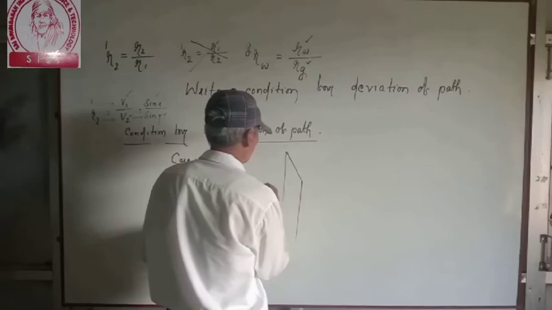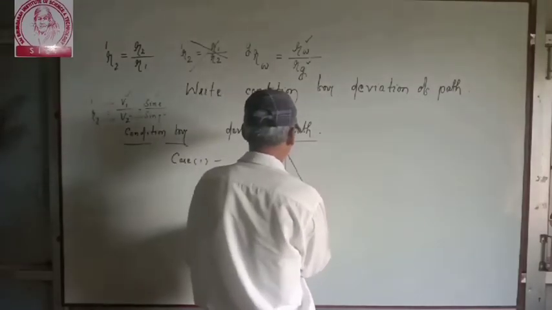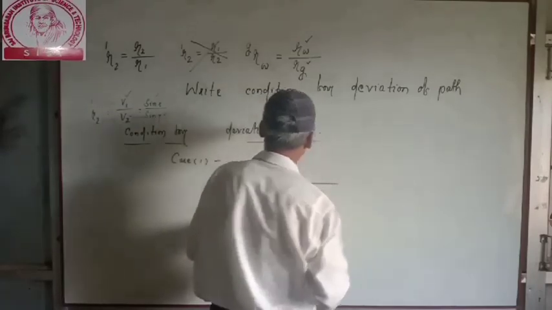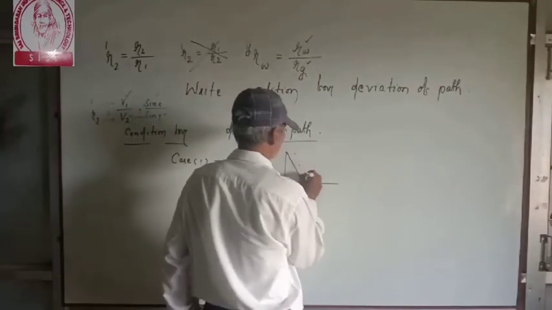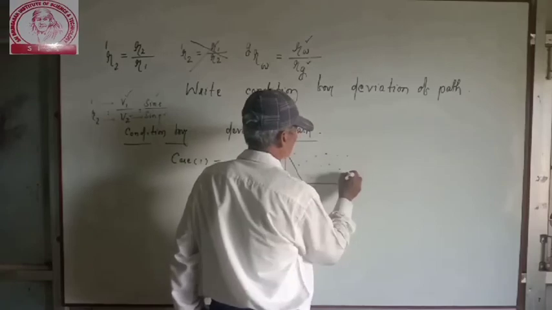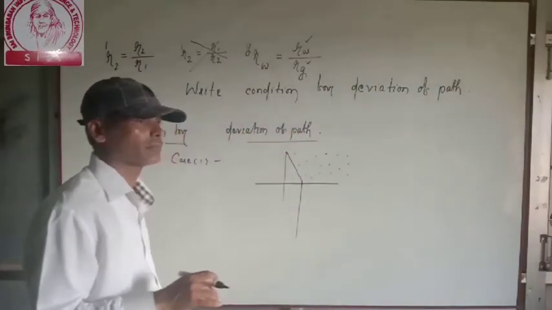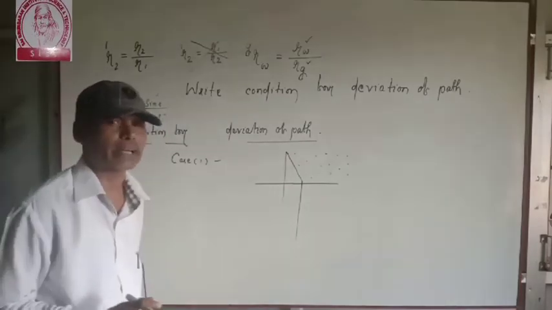Let's say here is the interface, okay? The ray propagates from, you see, this side is a denser medium. Denser medium means ghana, not so transparent.